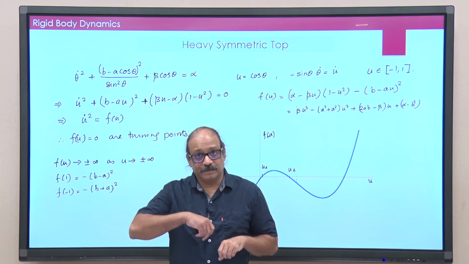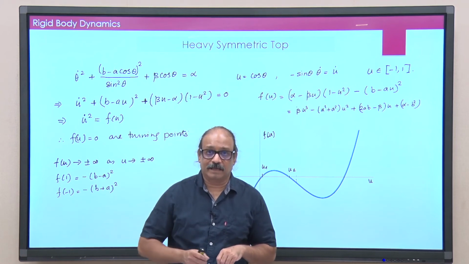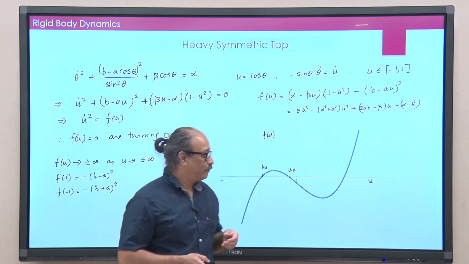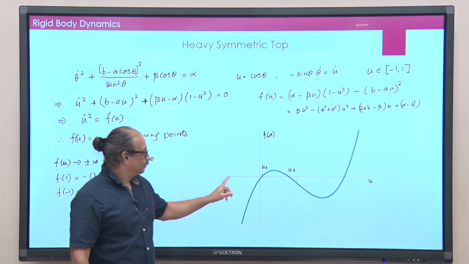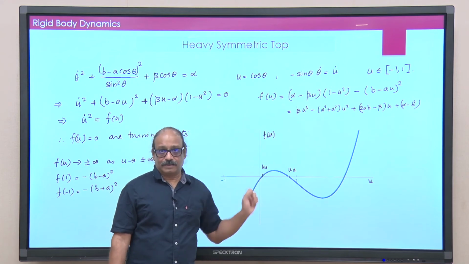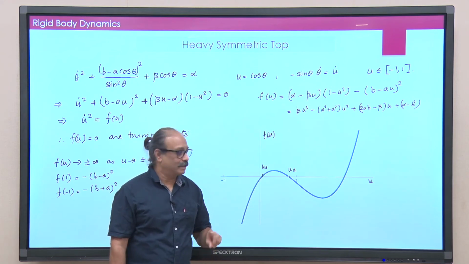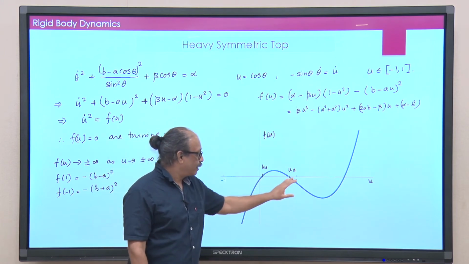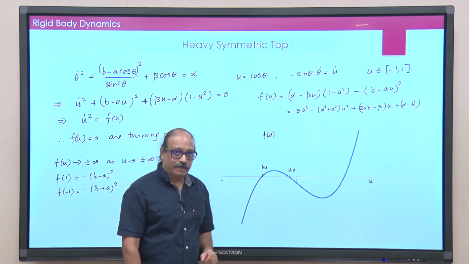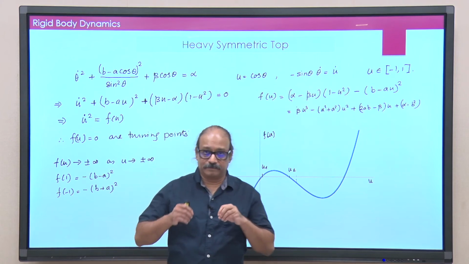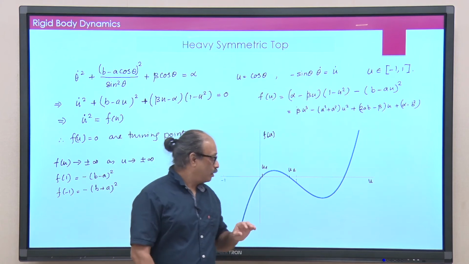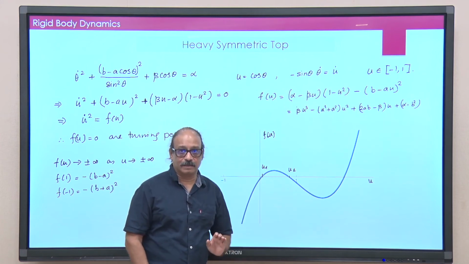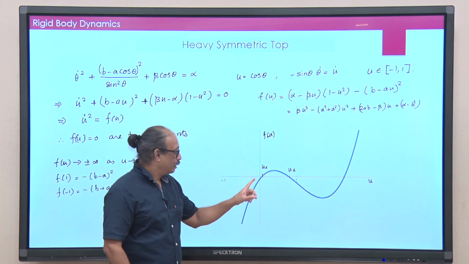So, either there is one solution on the other side of plus 1 which we are not interested in, but for the physical motion to occur, my constants a, b and alpha must be such that there are at least two roots here. And of course, conveniently I have drawn these u1 and u2 on the positive side of the u axis, but that is not necessarily true.